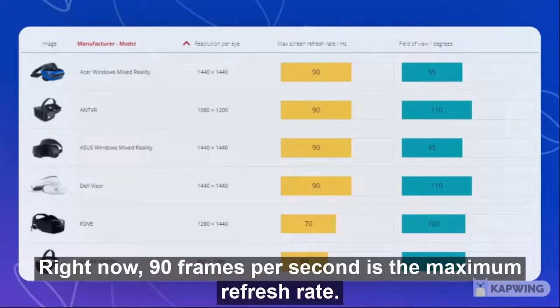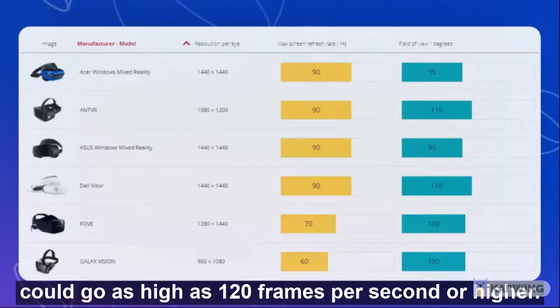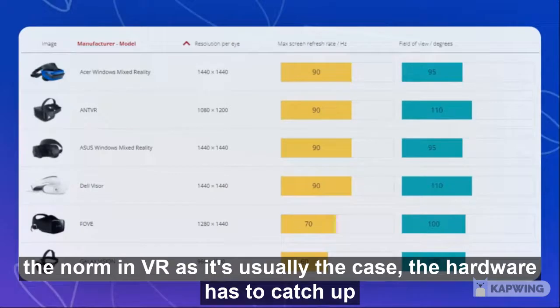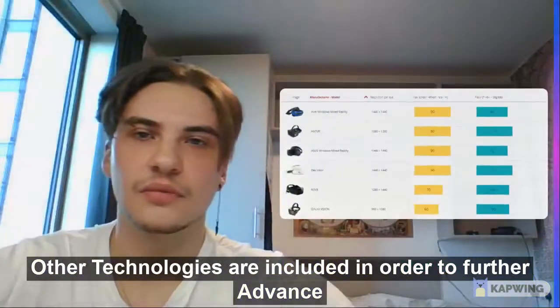Right now, 90 frames per second is the maximum refresh rate most VR headsets can handle. Future generations could go as high as 120 frames per second or higher. It will take a few years before low persistence can effectively become the norm in VR. As is usually the case, the hardware has to catch up with the software.